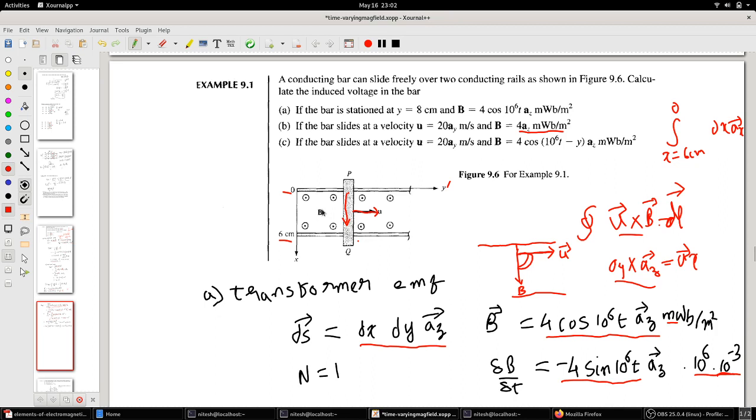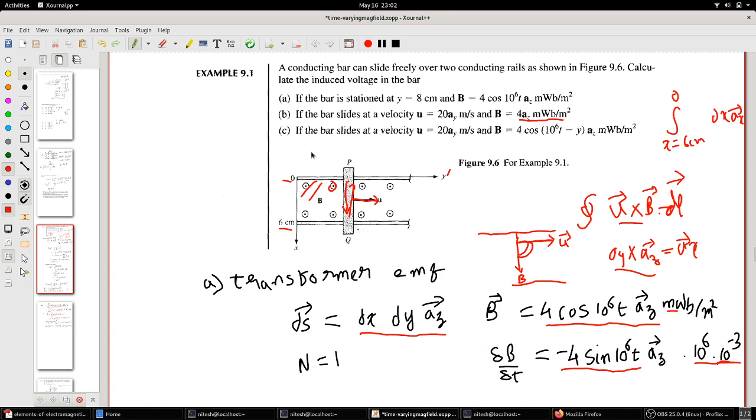When B is increasing in this direction, this flux will be increasing, so my direction of the current will be such as to oppose that field. If the field is decreasing in this direction, then my induced current will be in this direction, just to support the change in the field, right? So this is the scenario.